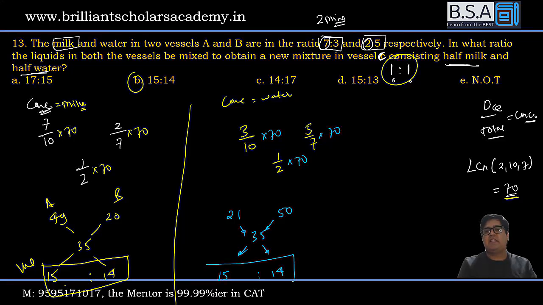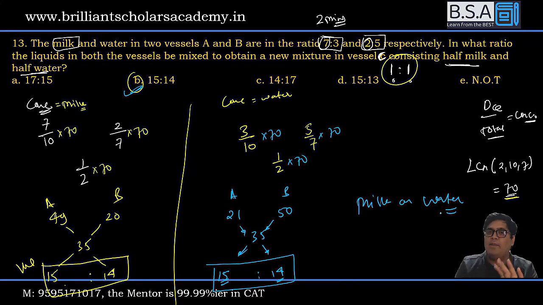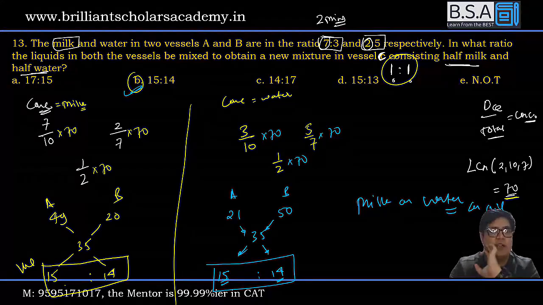Did our answer change? This is A, this is B. So A is 15 parts and B is 14 parts. The answer will not change. You can either use milk entirely or you can use water. If there's a third component, milk, water, and let us say oil or fat, you can use any component, but it should be that component only. Alligation can work on a single component.